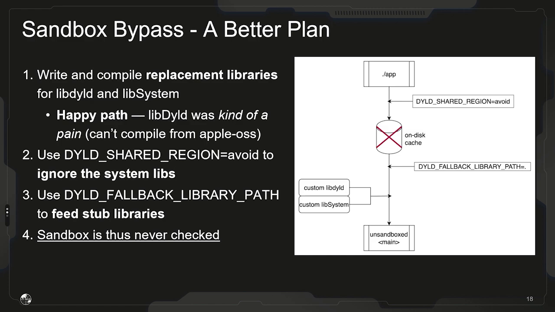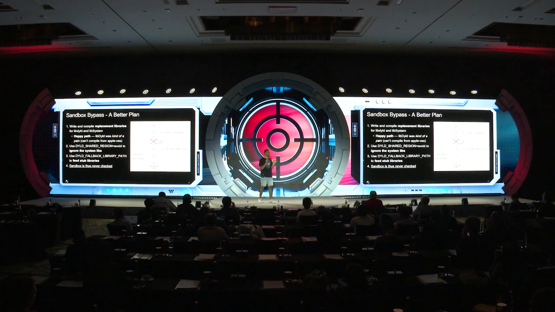First of all, we can compile our own replacement libraries for libsystem and libDYLD, just that in libsystem we avoid all the sandbox initialization code. We use stubbed libraries, which still need to be well-crafted enough so that DYLD will find the structures it's looking for, but no sandbox.